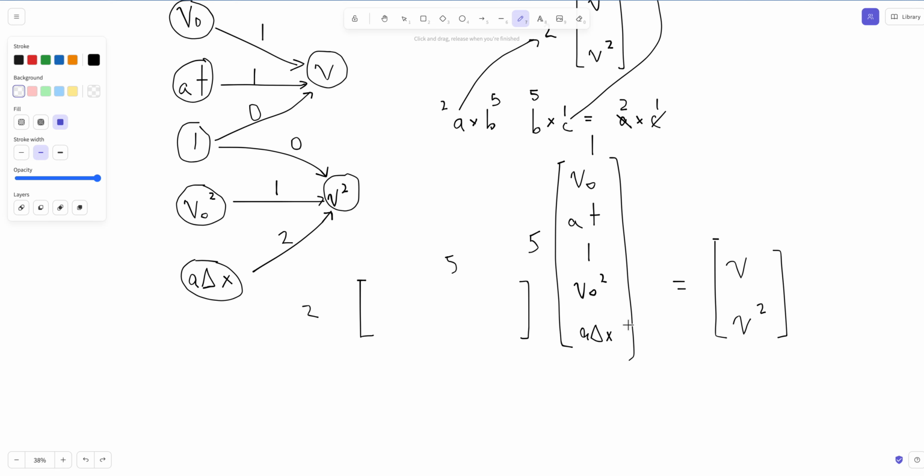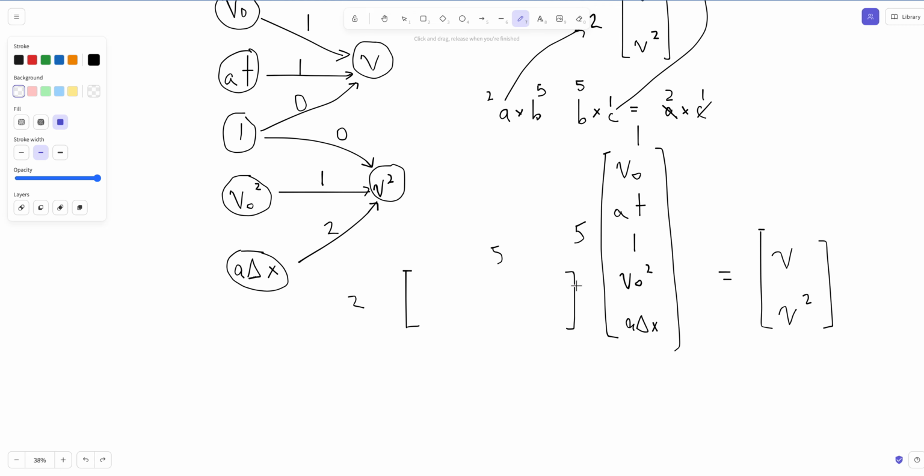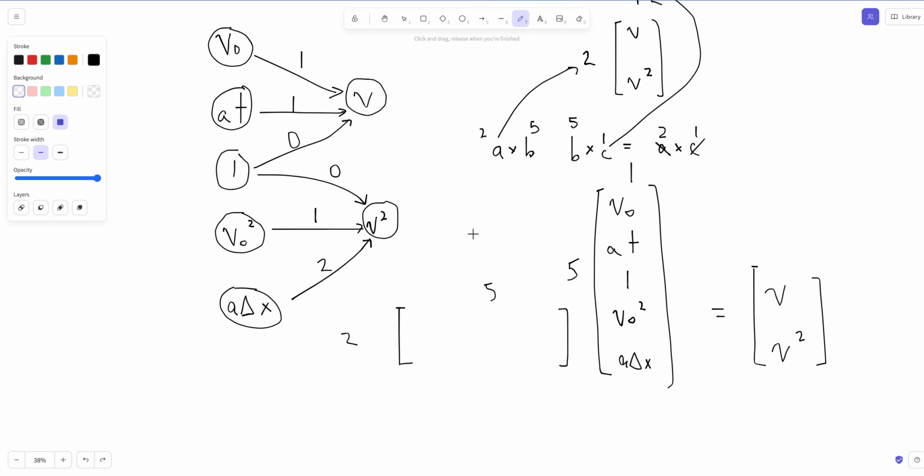So now let's think. So what do we need to do? I guess, say we have a row vector here. We take the dot product between that row vector and this column vector, and the output is V. So what we do in order to figure out that vector is, remember, we multiply term by term with the corresponding values on the right. So in the top equation, to produce V, we need to multiply V naught by 1. So we put 1 here. Same thing for AT, we multiply it by 1.